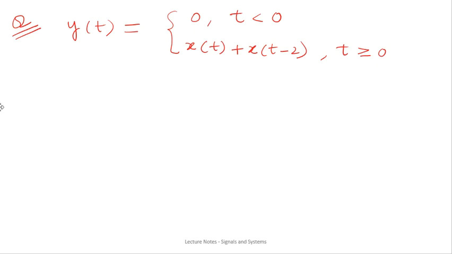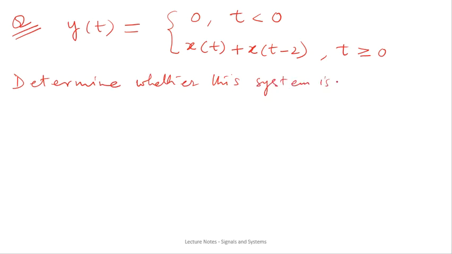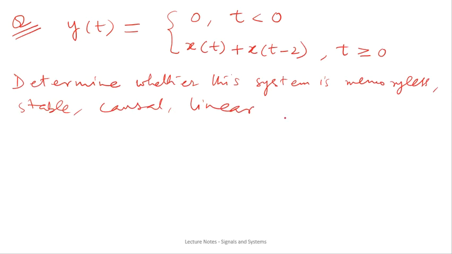For this system you have to determine, you can write this question: determine whether this system is memoryless, stable, causal, linear, and time invariant.